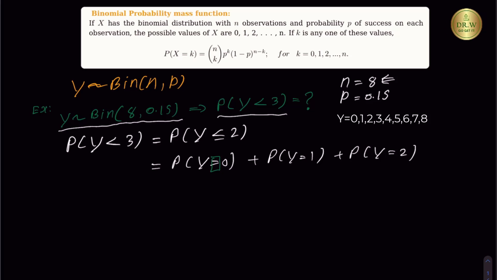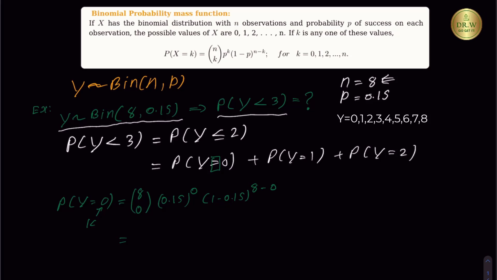So let me use the formula for the probability of Y equals 0. According to that, what is k? k equals 0, and n is 8. So 8 choose 0, then p is 0.15 to the power 0, and (1 minus 0.15) to the power 8 minus 0.